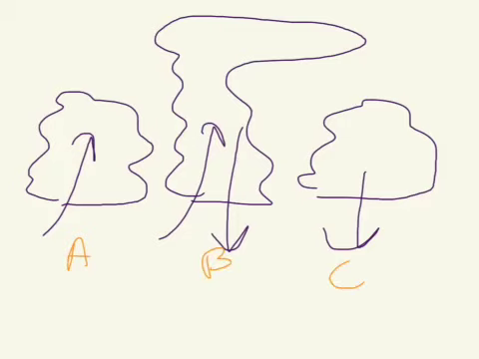Cumulus stage. Very good. So A would be the cumulus stage. That's your updraft. And B would be what? What do we call that? Mature. Very good. And so let me go ahead and put some rain down there with the downdraft. So what stage is C? Dissipating. Very good.